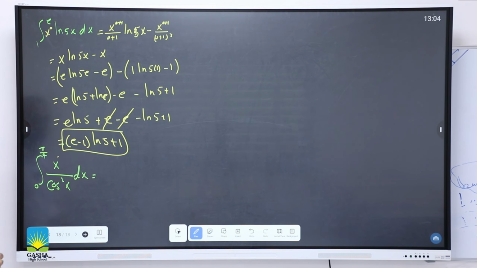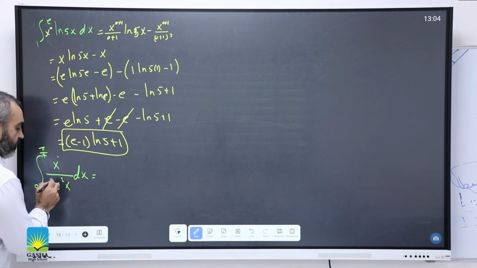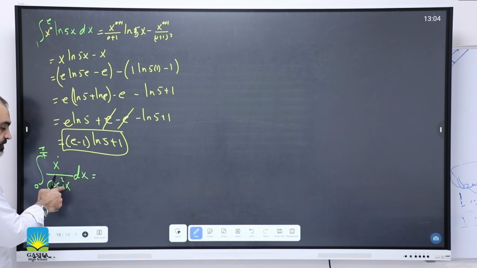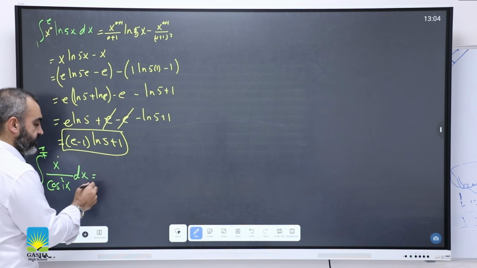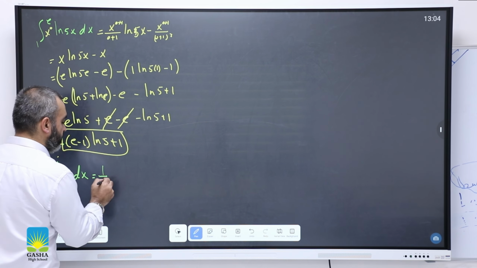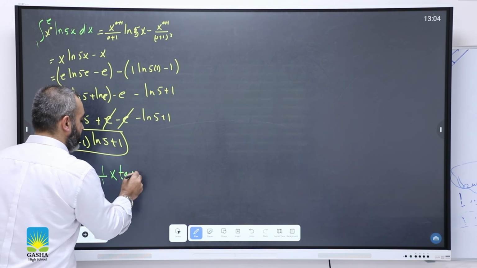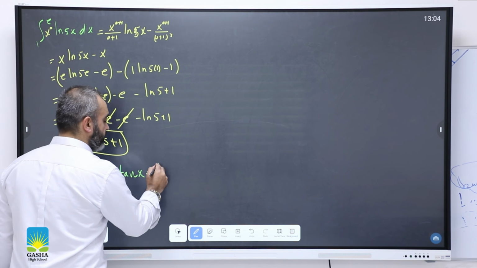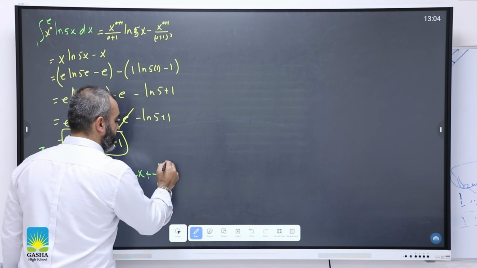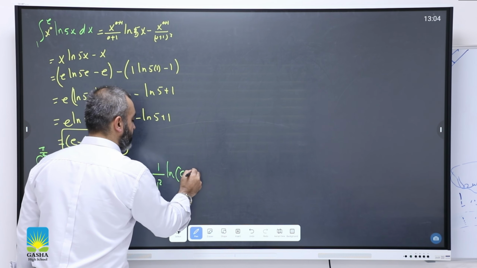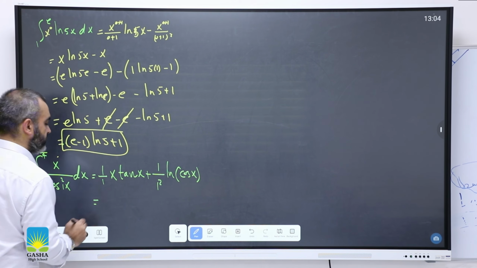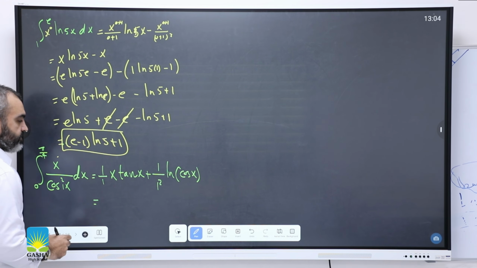X over cosine square. Here, the coefficient of x is 1, so 1 over 1 x tan x plus 1 over 1 square ln cosine x equal to.